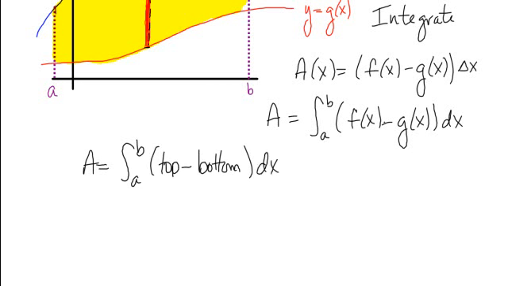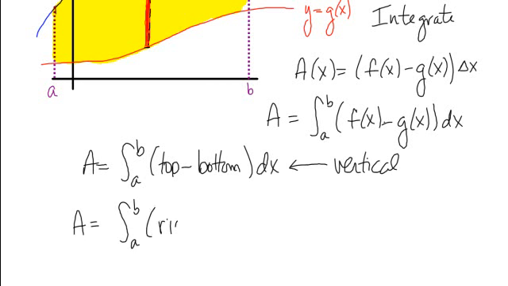Now you're going to see some regions that a vertical slice doesn't work for. If you have to do a horizontal slice, all right, so this is for a vertical slice. A horizontal slice would be a definite integral from a to b of the right minus the left dy.